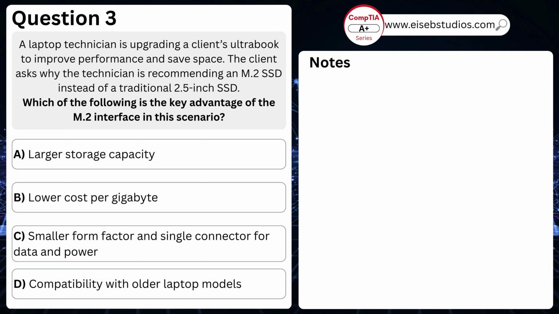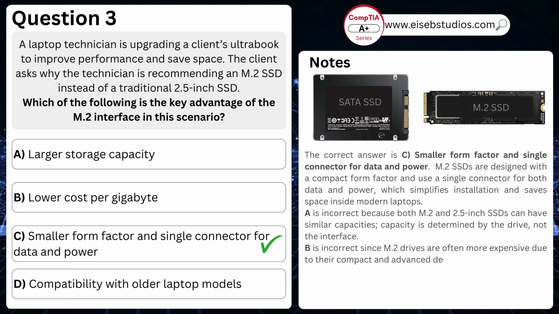The correct answer is C. Smaller form factor and single connector for data and power. M.2 SSDs are designed with a compact form factor and use a single connector for both data and power, which simplifies installation and saves space inside modern laptops. A is incorrect because both M.2 and 2.5-inch SSDs can have similar capacities.